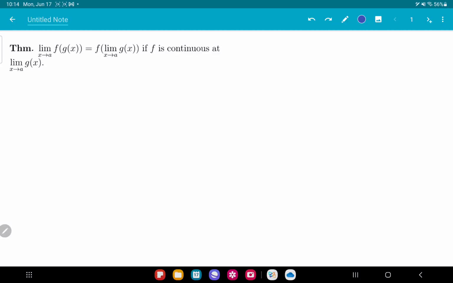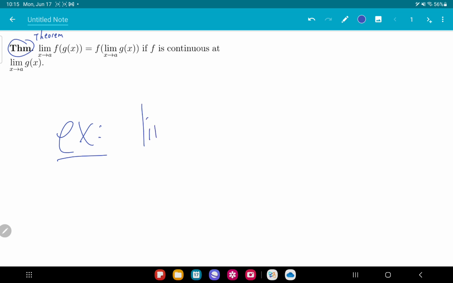Little theorem here for you. Theorem, THM. So when I write THM, I mean theorem. So this theorem is a little bit weird looking, but let me show you what I mean with an example.